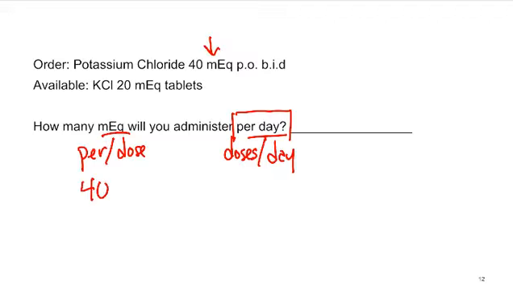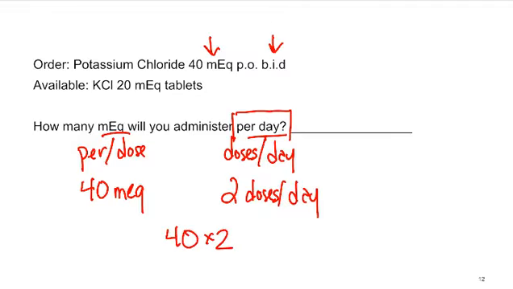I'm giving 40 milliequivalents per dose. And how many doses per day am I giving? BID. I know that means 2 times a day. 2 doses per day. So how many milliequivalents per day? It's going to be 40 times 2. So I'm going to be giving 80 milliequivalents per day.